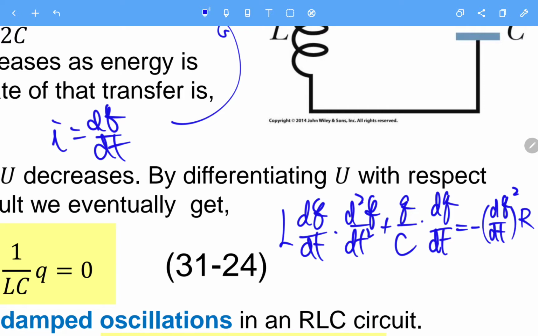Similarly, we can assume that dq/dt is not 0, so we can cancel one of them.